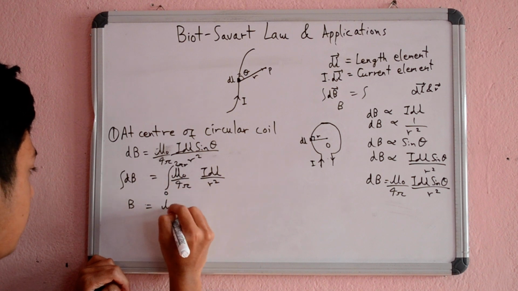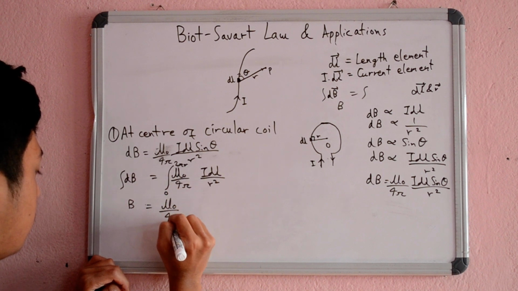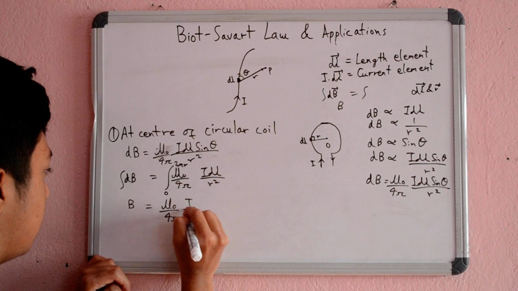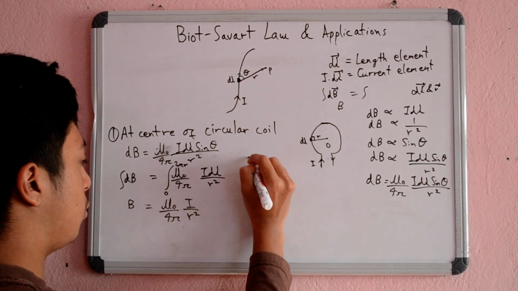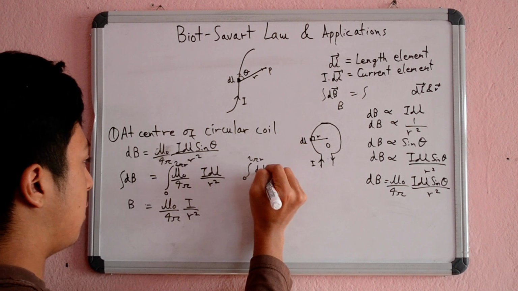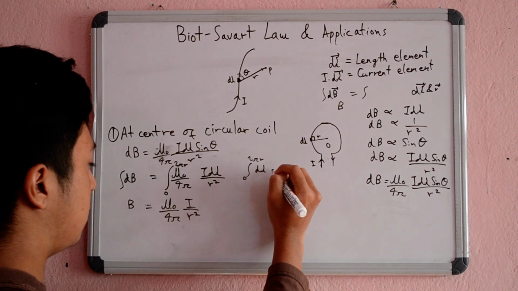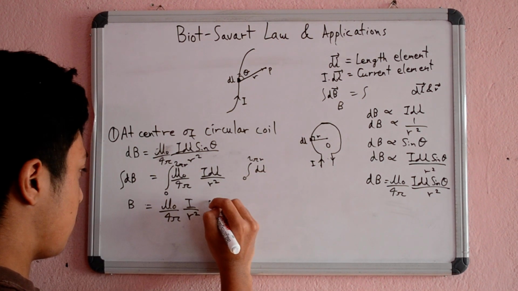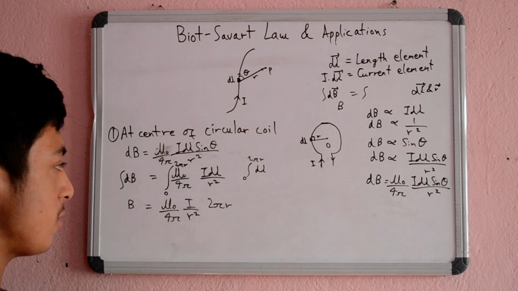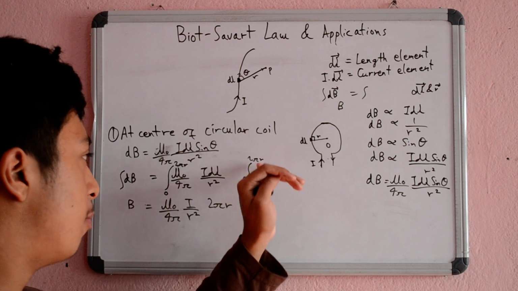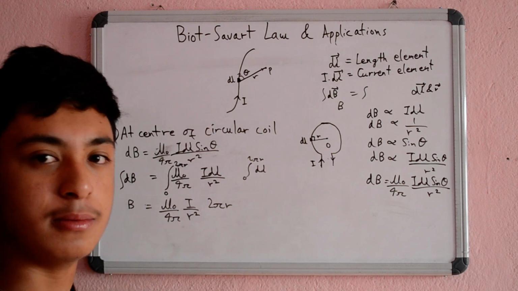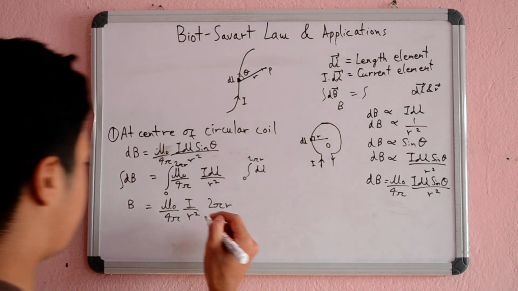I will take the constants outside, which is mu naught by 4 pi, the current and the radius square, and we will simply get the integral of dl, which is just 2 pi r, because if you plug in the upper limit and lower limit, it becomes 2 pi r minus 0, which is just 2 pi r.